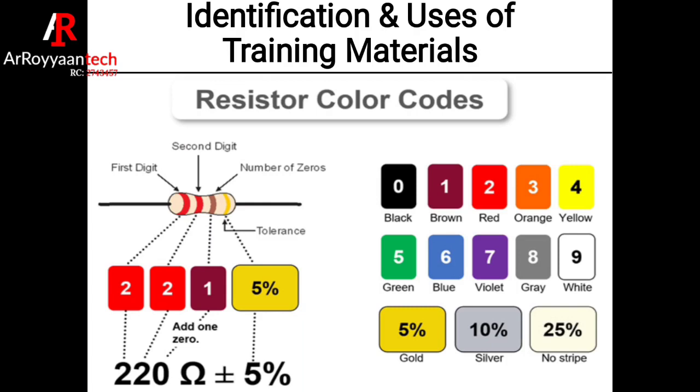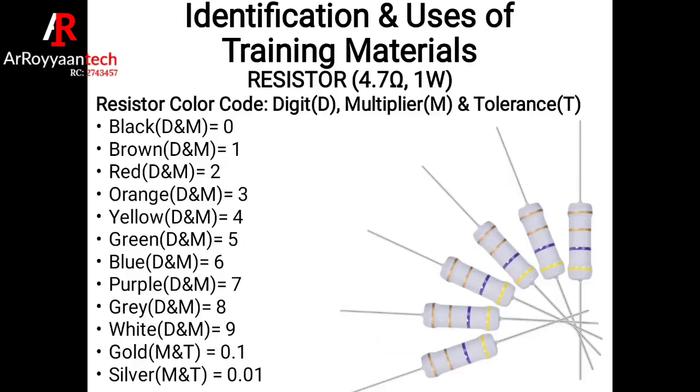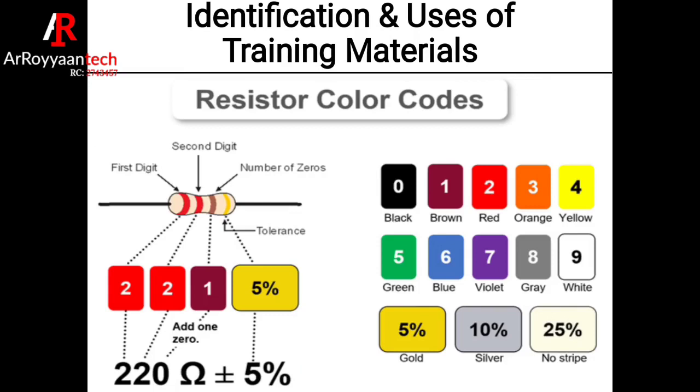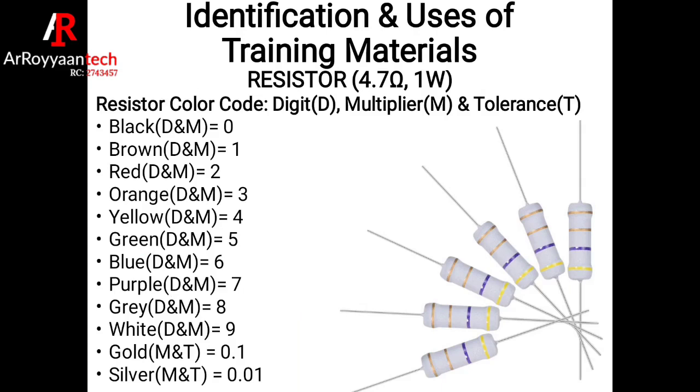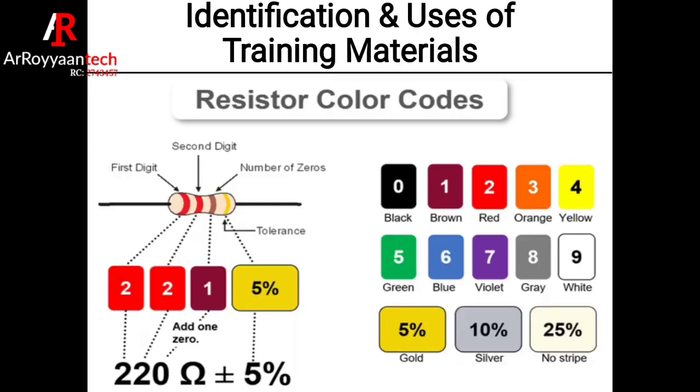Or you can just say the number of zeros, which is 1, so write one 0. Since the third band is a multiplier, that is 22 times 10 raised to power 1. So 22 times 10 gives us 220 ohms. I hope this is a bit clear.